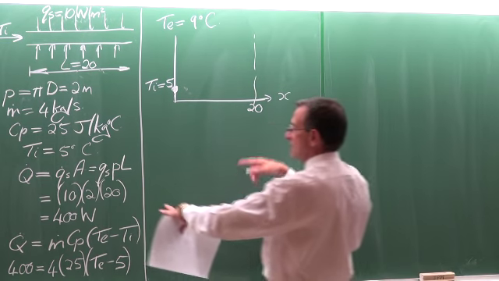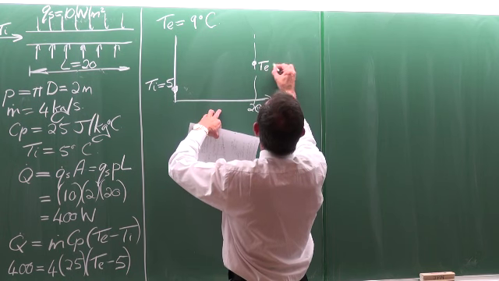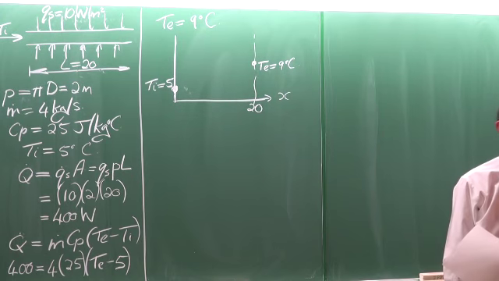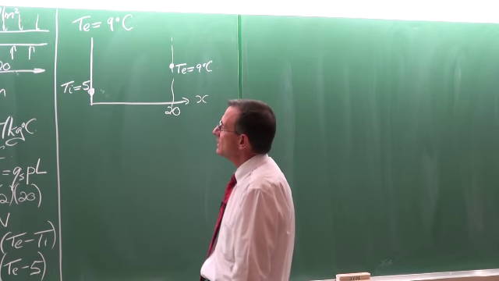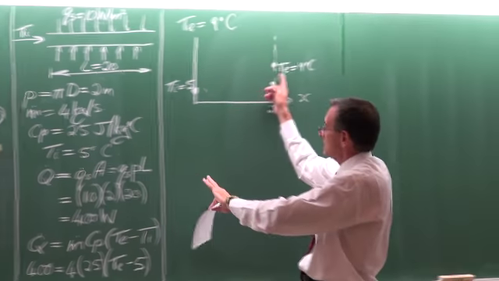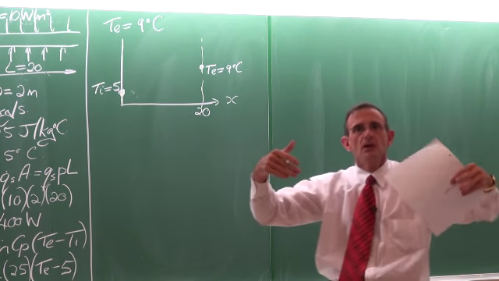And we've just calculated the outlet temperature as 9. So that is all that we know at the moment. If you know that it's a constant heat flux, and if you think about it, it is a straight line, then you can just connect the 2 points.